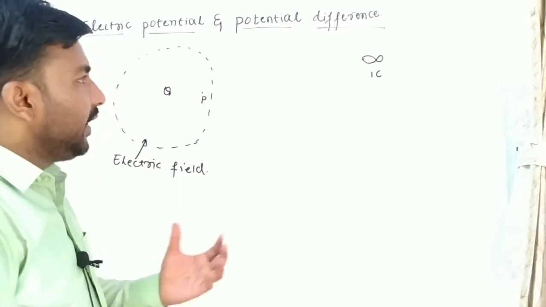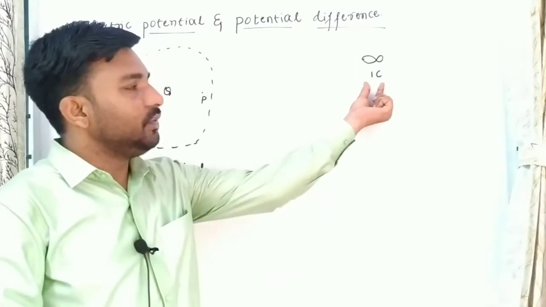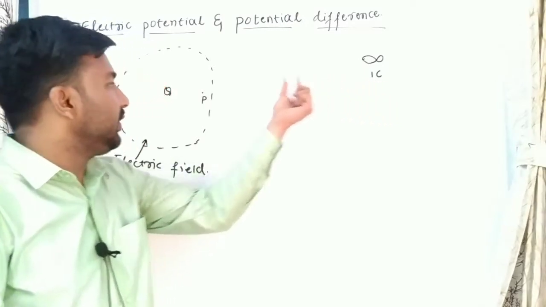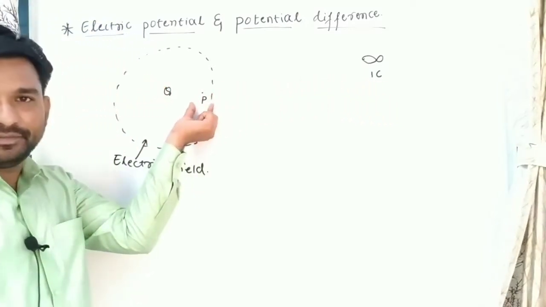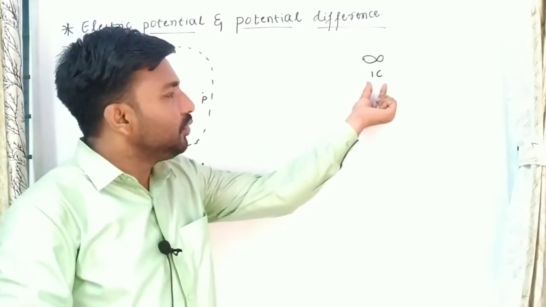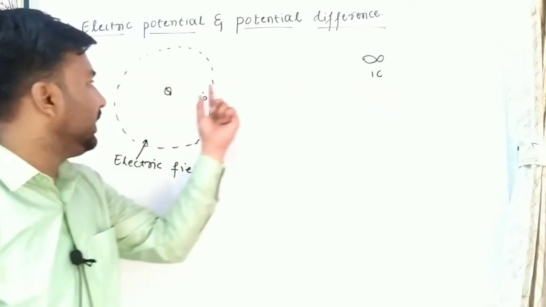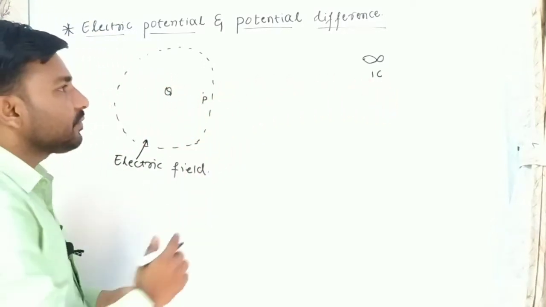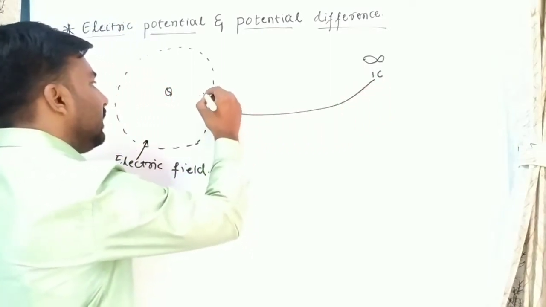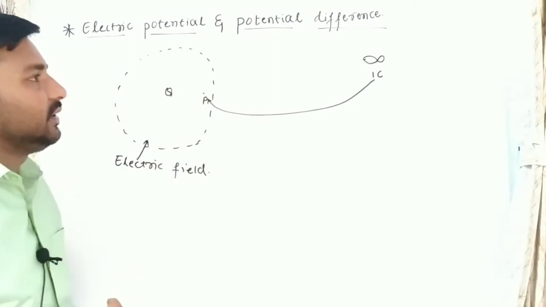Now I will move this one unit of charge, 1 coulomb of charge, from infinity to the point P.